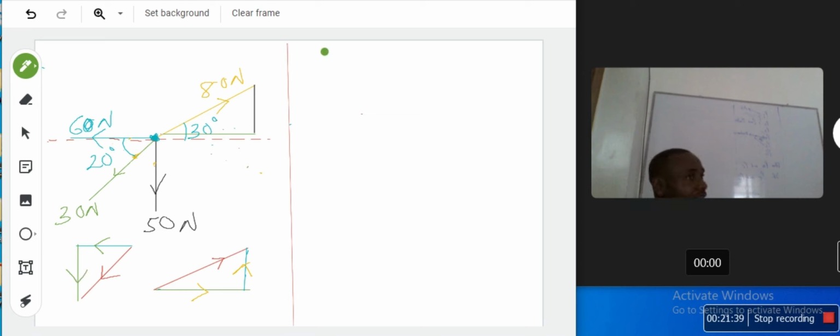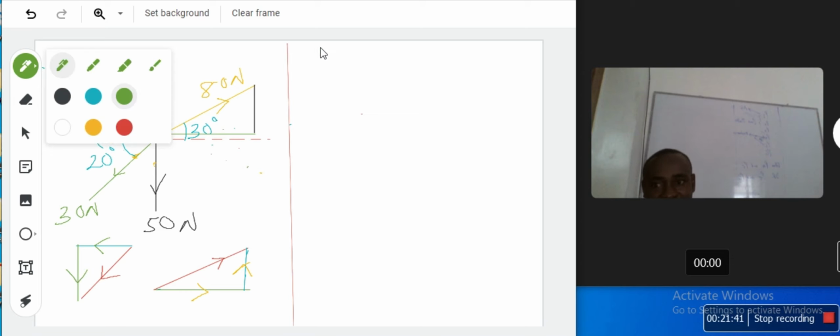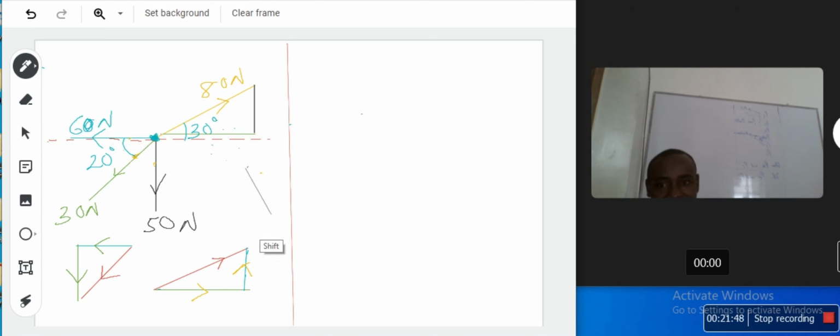Did you get that? Perhaps one more to reinforce this understanding. If I have this, can I have one of you draw? By the way, if you want to draw, just hold down your shift button and draw. You'll be able to get a straight line.